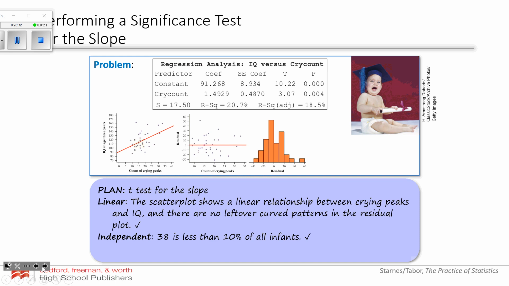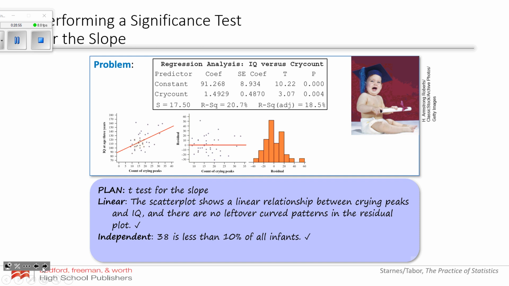Next thing we check are conditions. So, L, linear. I didn't go back and look at these yet, but let's talk about these graphs real fast. What's this first one on the left? That's just the raw data. It says count of crying peaks and IQ, right? This one in the middle is the residual plot.